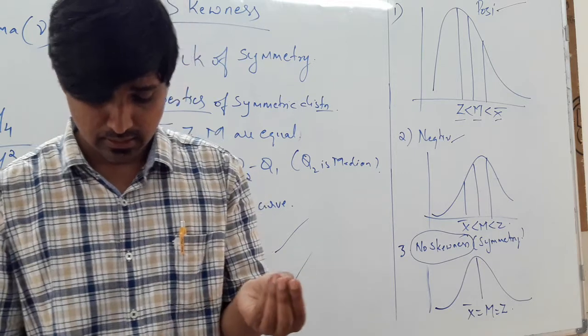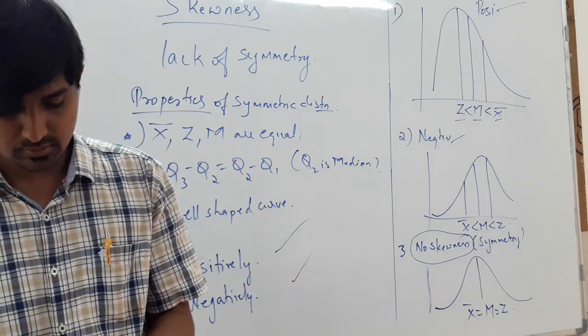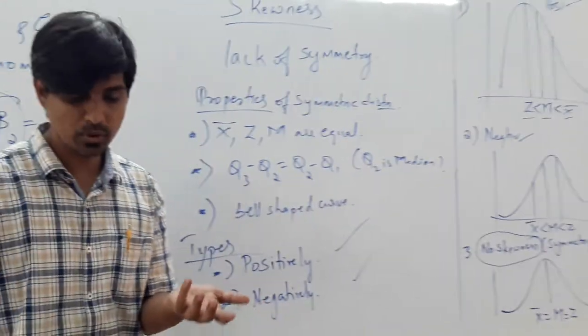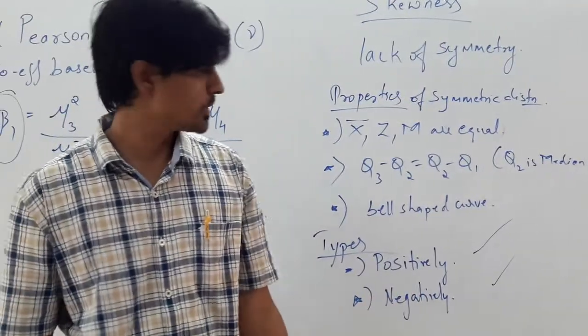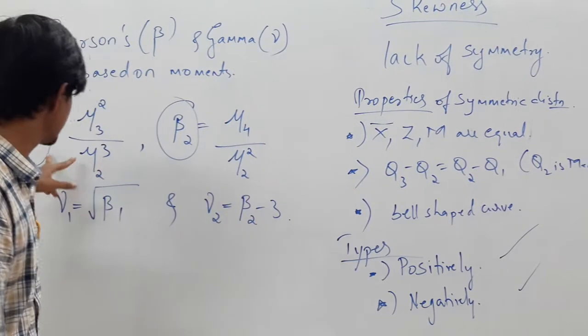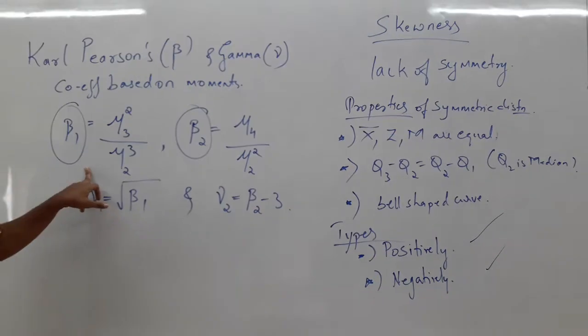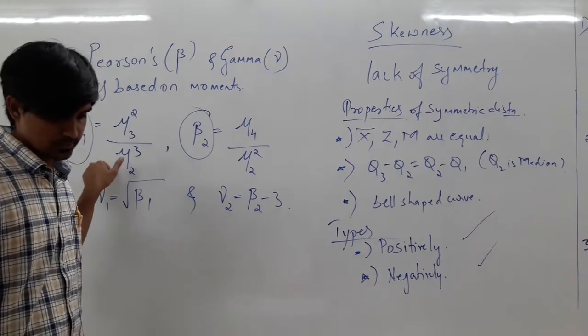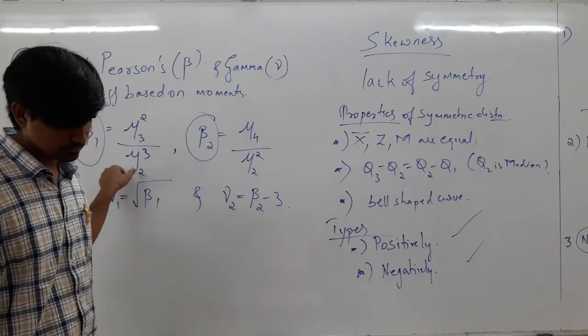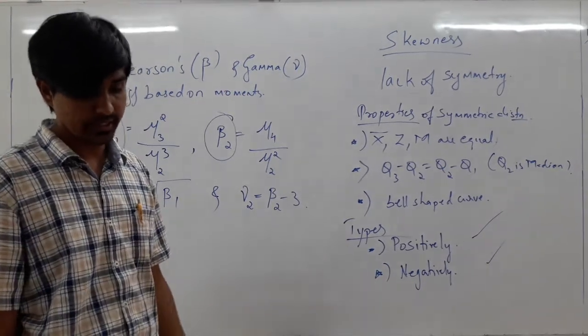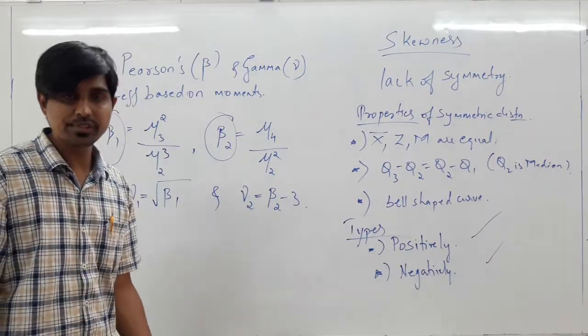Now, how to measure skewness? Two different scientists gave two methods, known as Karl Pearson's coefficient of skewness and Bowley's coefficient of skewness.